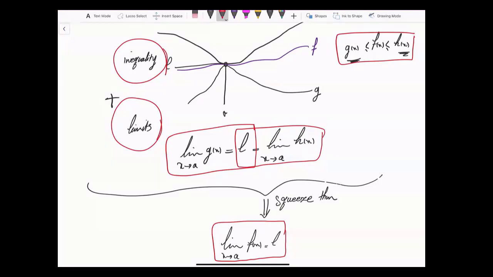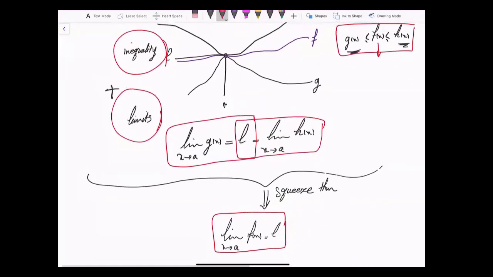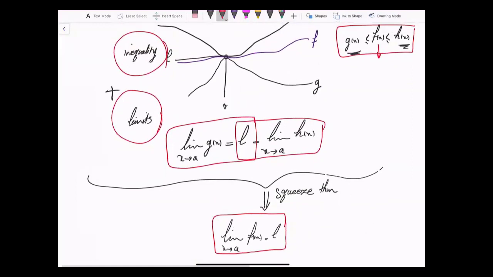Well, the answer is very simple. Sometimes finding the limit of the function in the middle is not easy, but finding the limit of both sides is easy to do. So we go ahead and find two easy functions here and there, and then use them to prove that the limit of the middle one is a number.